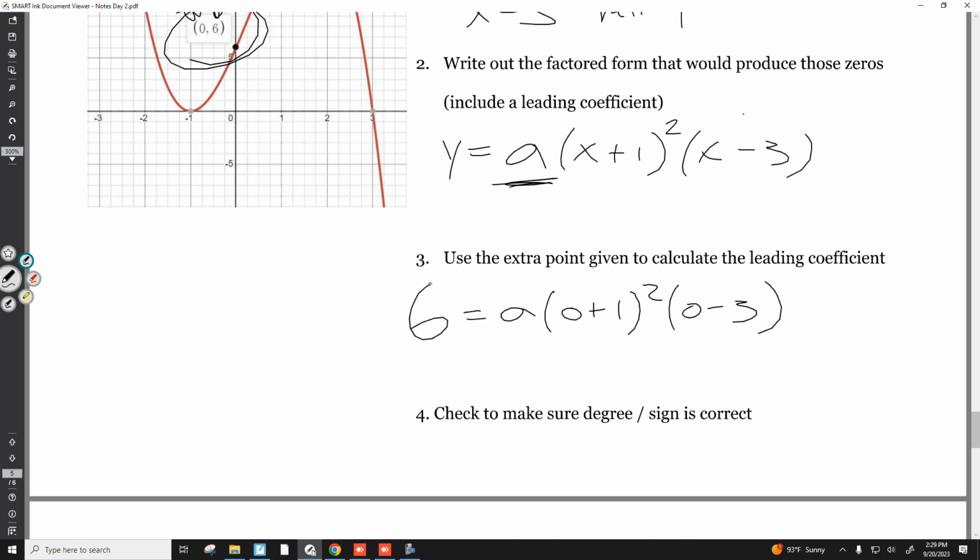You can set up an equation to solve and find this exact leading coefficient. We get 6 equals a times 1 times -3. A's got to be -2. Oh yeah, that makes sense. A negative value, because we have a negative x to the odd, is good. Leave it in factored form.